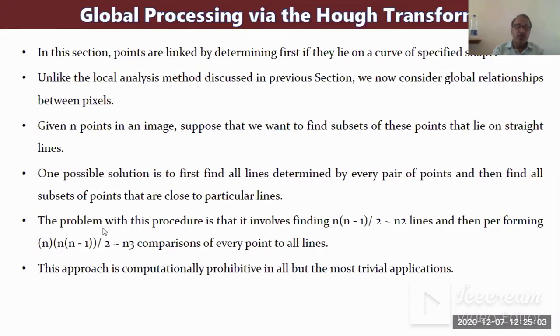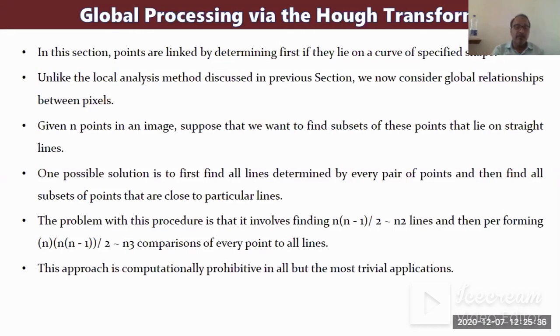So here, this problem with the procedure involves finding n(n-1)/2 lines, and then performing n(n-1)/2 comparisons, so it is n³ comparisons that will be required. ह्याच्यामध्ये बघा आपल्याला भरपूर लाईनचे कंपॅरिझन करावे लागतील. जेवढे पॉइंट्स जास्त, सो वी नीड टू मोर द कंपॅरिझन. ओके, सो इट रिक्वायर्स मोर टाइमिंग.